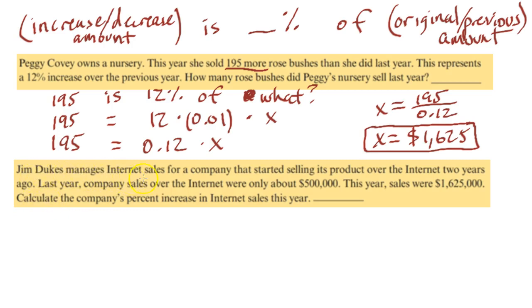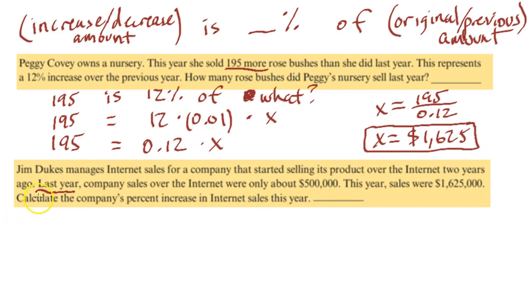Jim Dukes manages internet sales for a company that started selling its product over the internet 2 years ago. Last year, company sales over the internet were only about $500,000. So last year, keyword there, last year. So that is the original or previous amount.